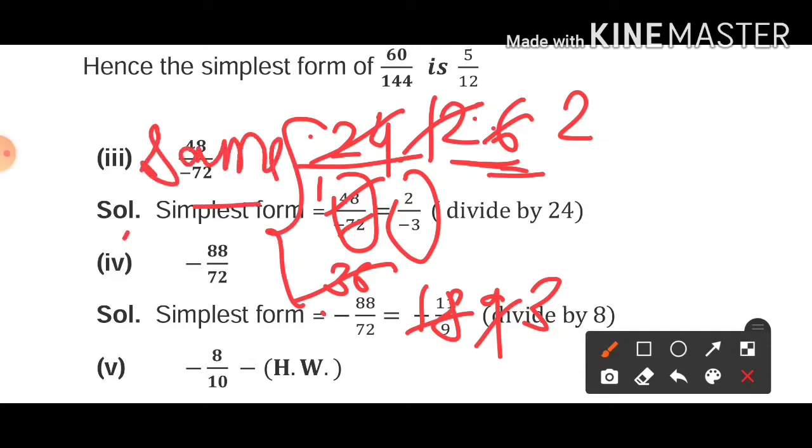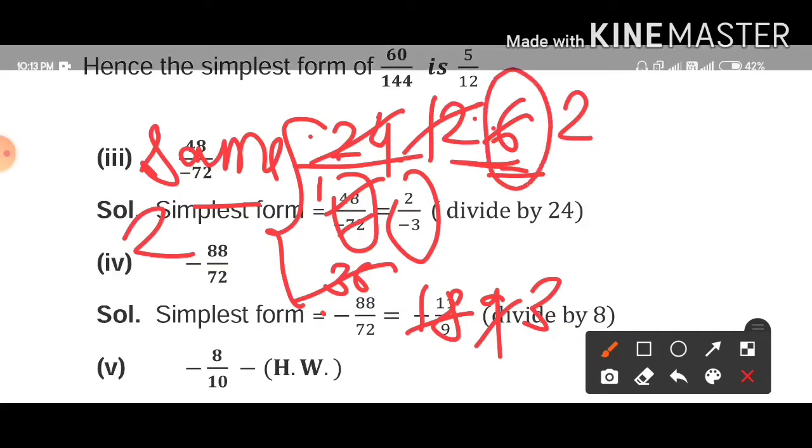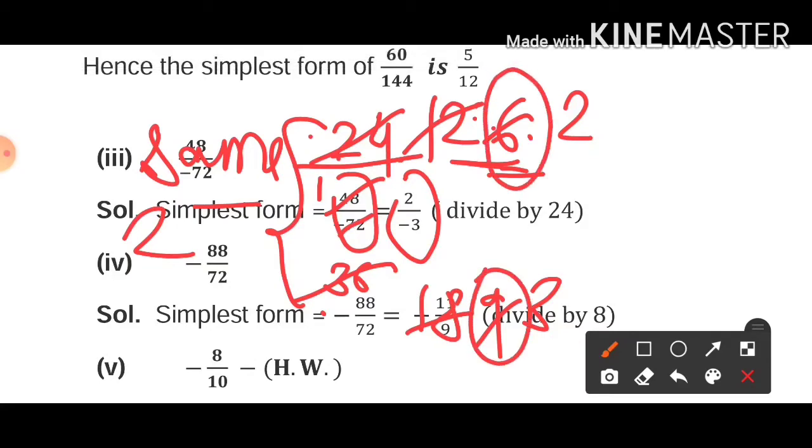As 6 is divisible by 2 but 9 is not, don't divide by 2. We take the next number, 3, and divide 6 and 9 by 3 only.